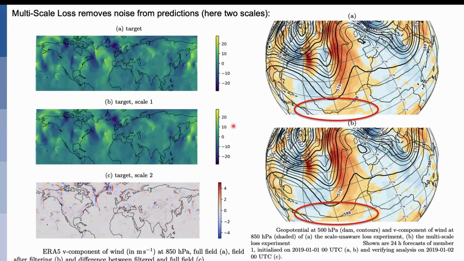And when we train a model like this, compared to a model without the scale awareness, we see that it can help to reduce small scale noise. Here, for example, the model on top has been trained without any scale awareness. And you can see these wiggly structures here in the isolines, which means it produces too much small scale variability, while this is really counteracted as soon as we have the scale aware loss function.